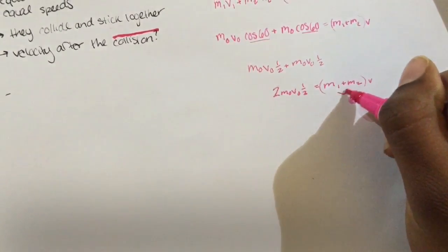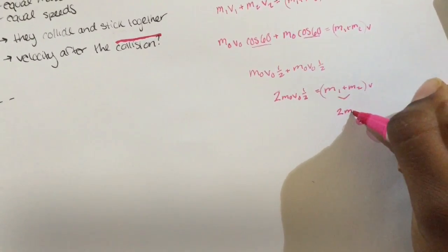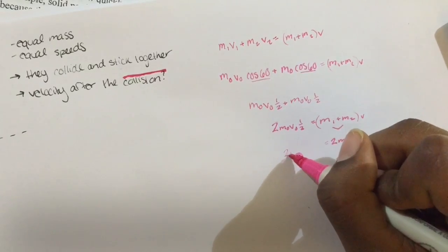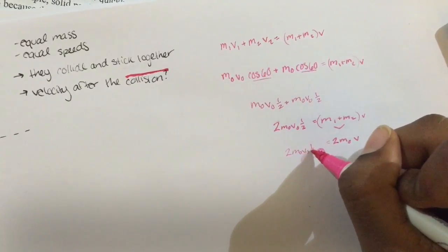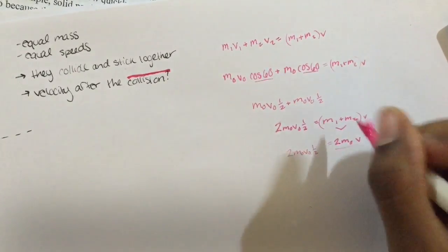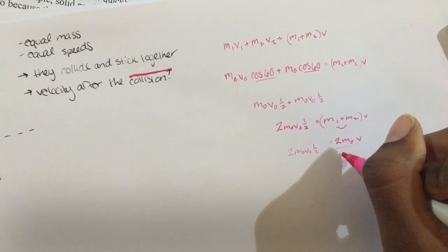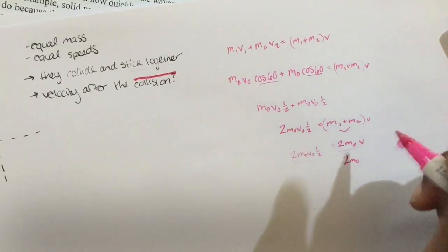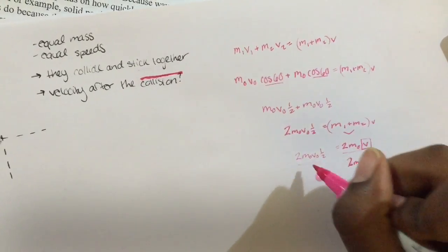Since they have the same mass, you can combine them to get that. And you're going to divide out to find this velocity.